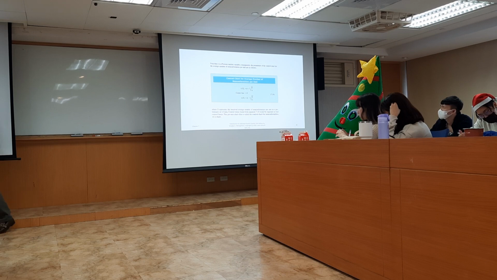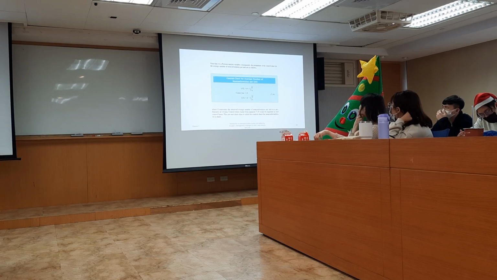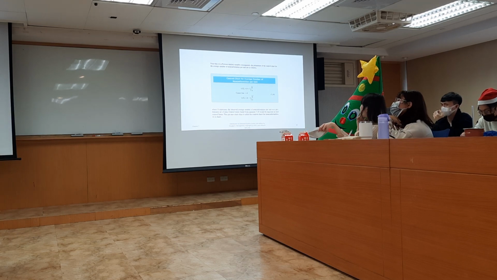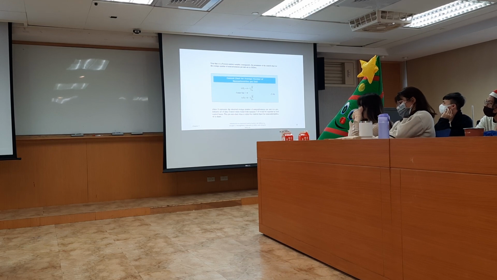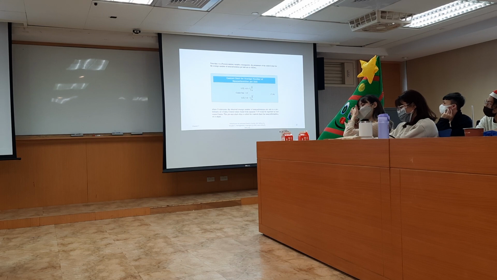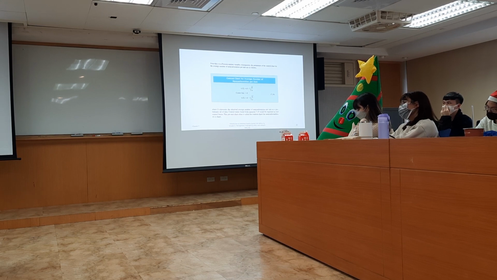So the control chart for the average number of non-conformities per unit can be represented by equation 7.19. So u bar here represents the observed average number of non-conformities per unit. Then a control chart based upon 7.19 will be regarded as a trial control chart. So that is called the u chart.